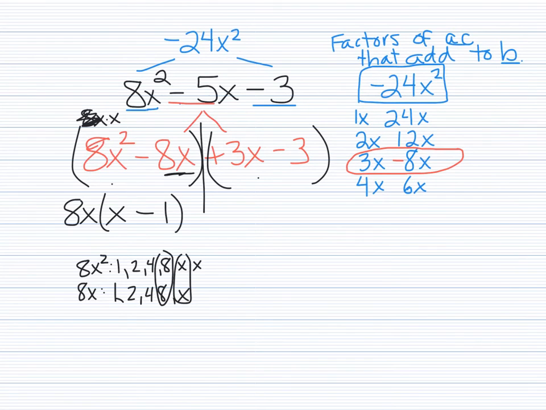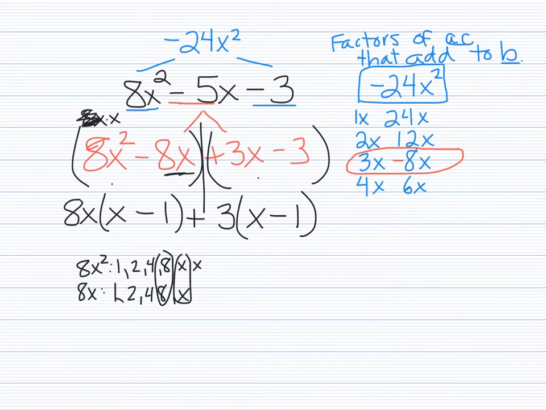Okay, now whatever happens on this side, I hope I also end up with x minus 1. So let's take a look at what we can factor out there. Well, 3x minus 3, I can see that I can take out a 3, and I'll be left with x minus 1, which is good because then this is going to be a positive 3.